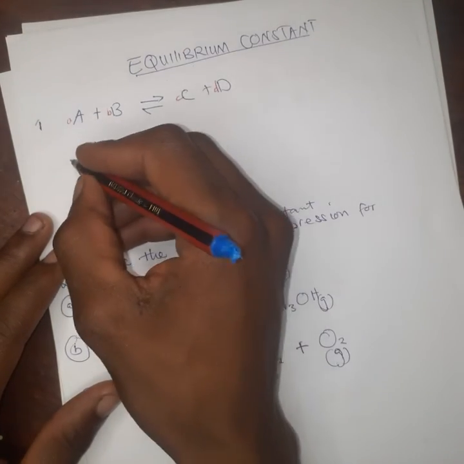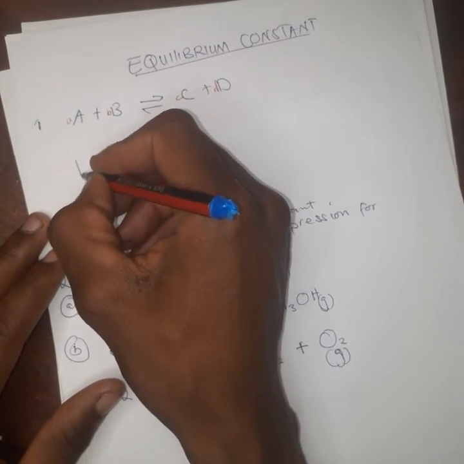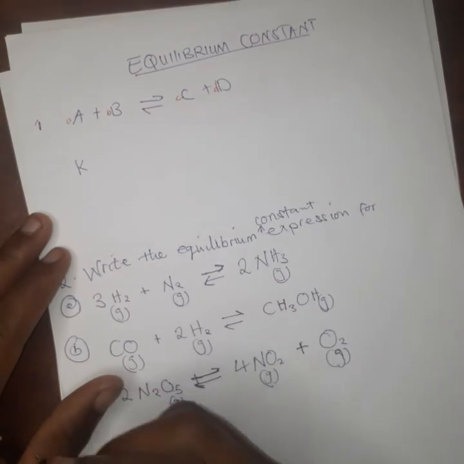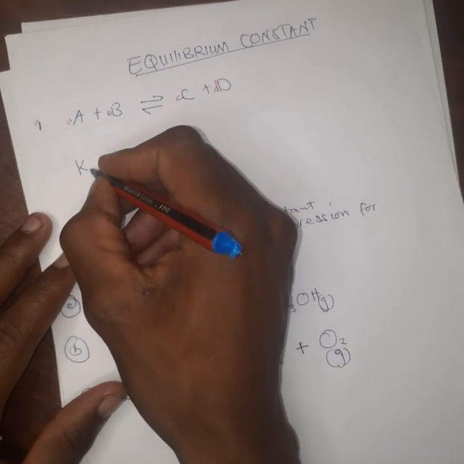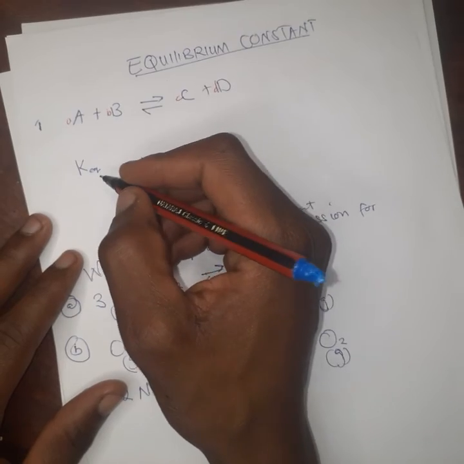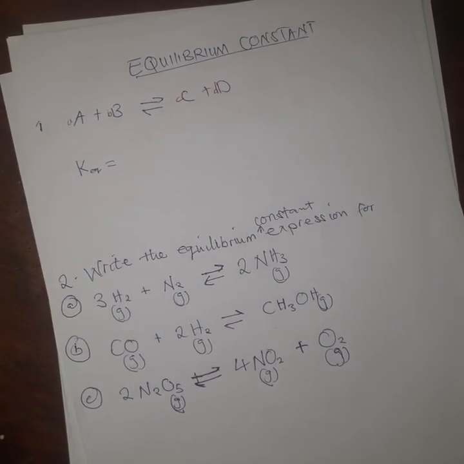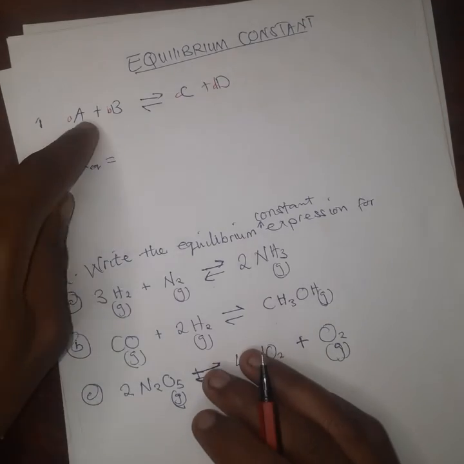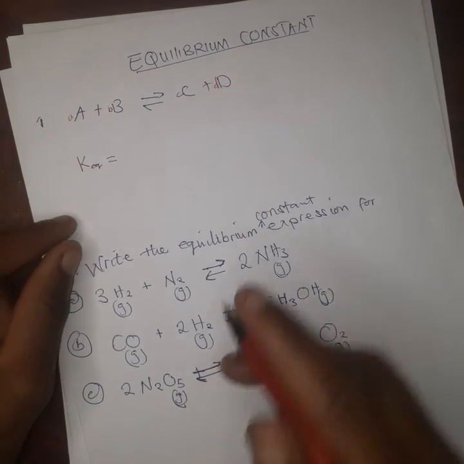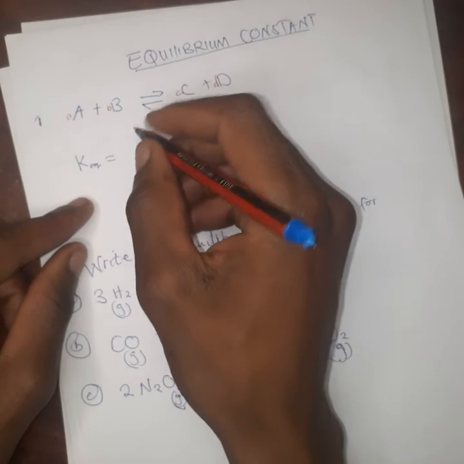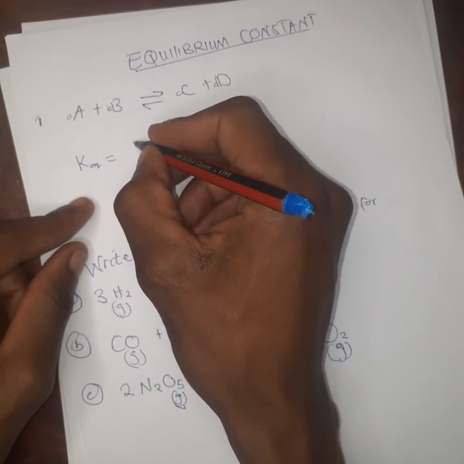So in this case, you say the equilibrium constant, which can be represented by the letter K, then eq as a subscript for equilibrium, is equal to, now you express the products in terms of the reactants. So you get the products, which you have to put inside square brackets.